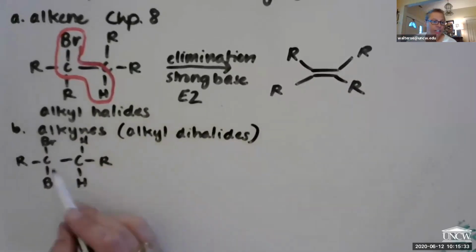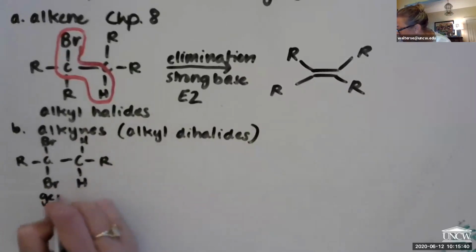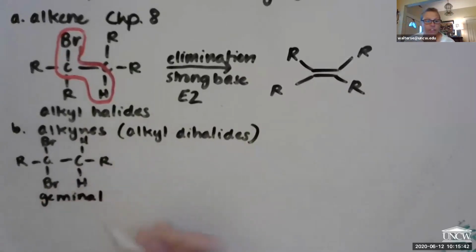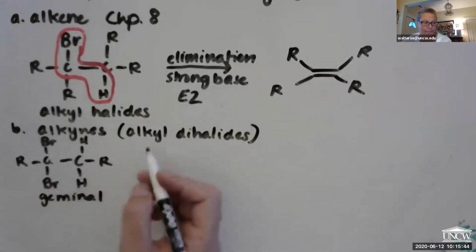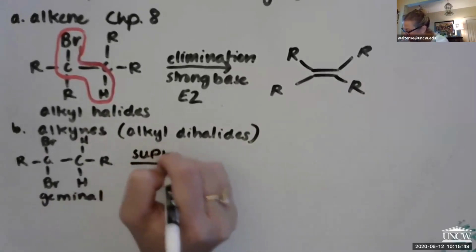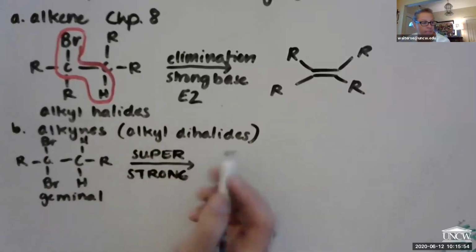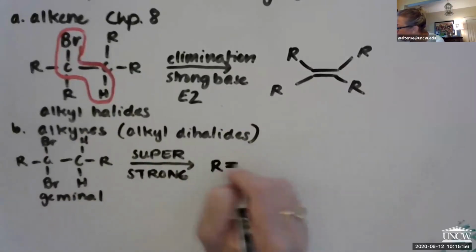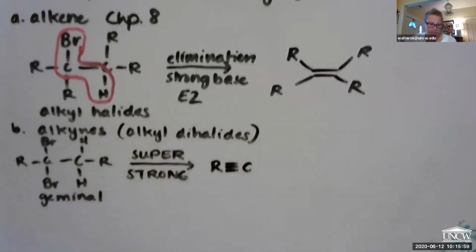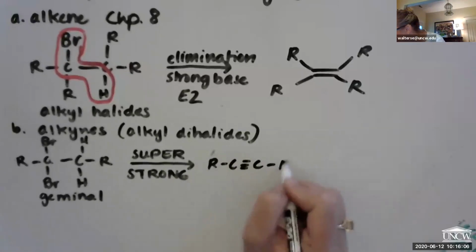If the halogens are on a single carbon, so this carbon has 2 halogens on it, they're called geminal. So you have a geminal dihalide. And now you're going to use a super strong base, and you're going to end up with this.